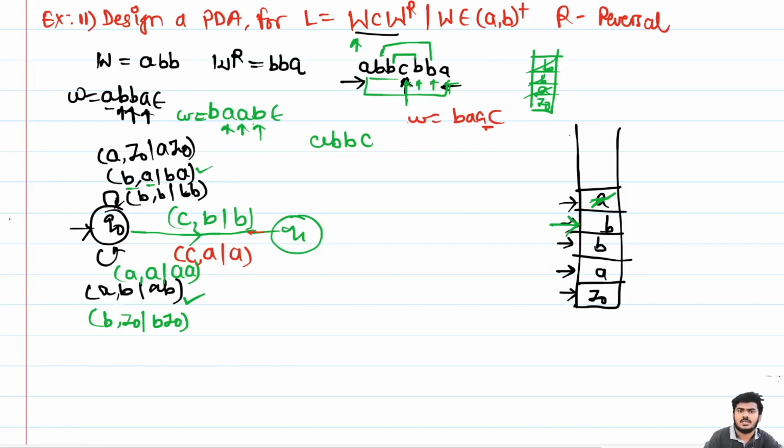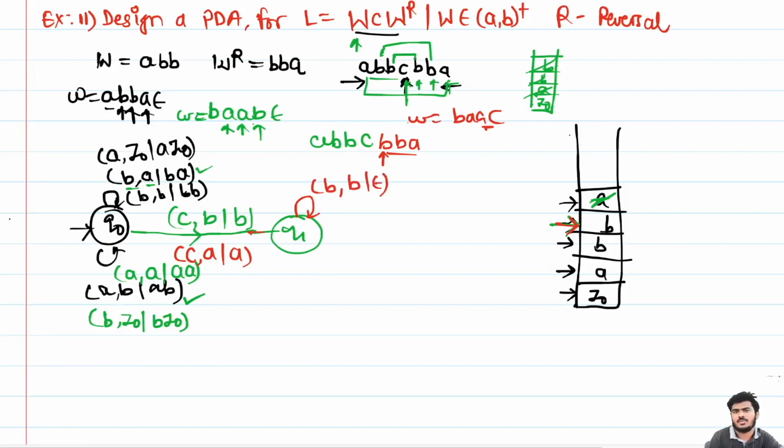Okay, now C has occurred and we definitely know that from this onwards we have to start popping because W reversal has started. So now B is the input and my top pointer is pointing here. When B is matching with this B, the top of the stack, then we will start popping. When B is the input and top of the stack is B, I will do the popping.